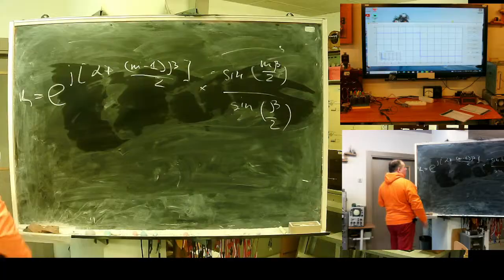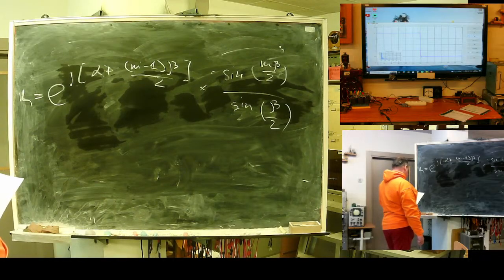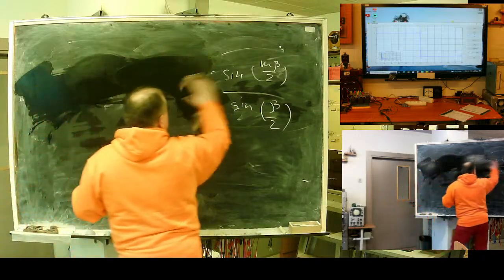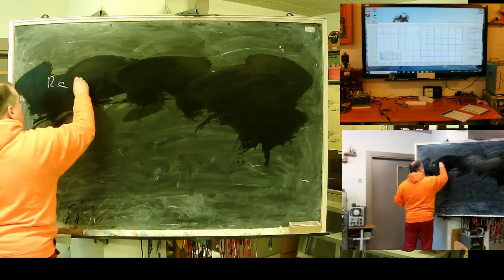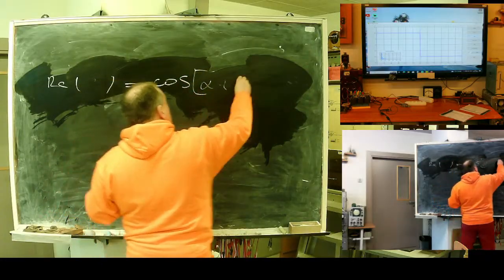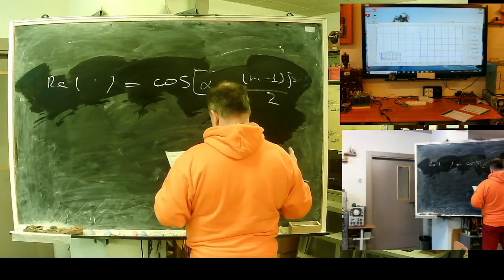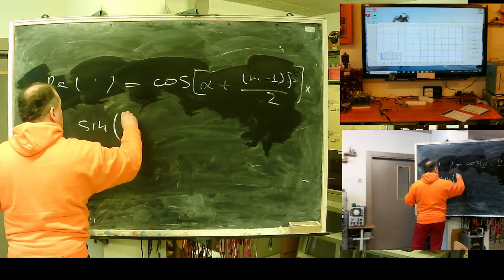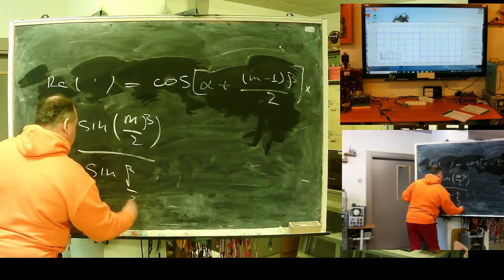If we take the real part from this, we will get the real part equals cosine of (α plus (m minus 1)β/2) multiplied by sine(mβ/2) divided by sine(β/2).